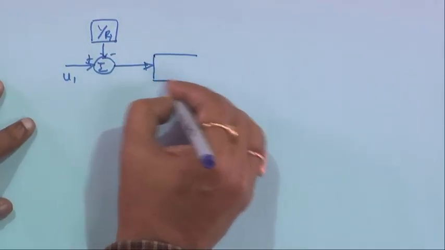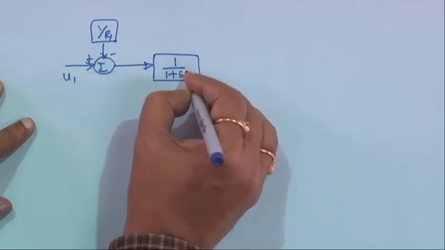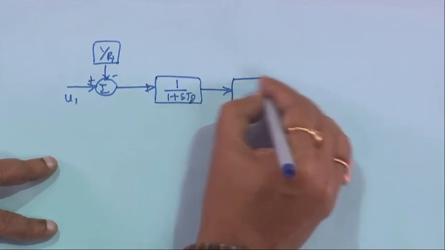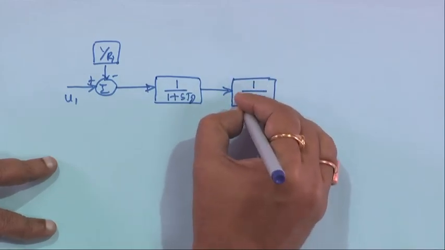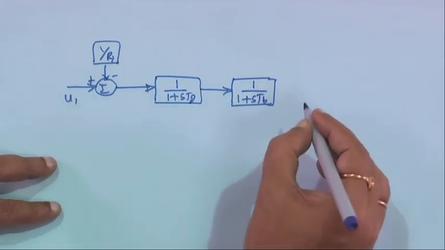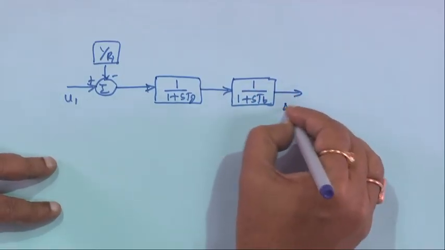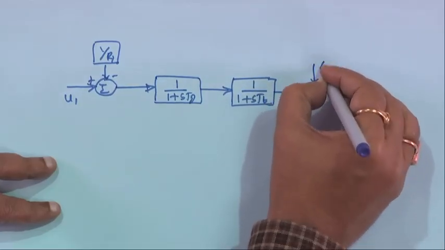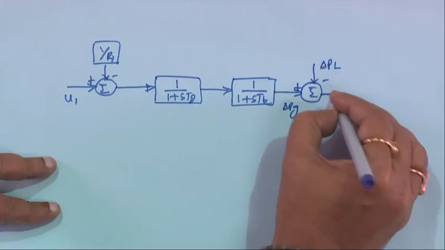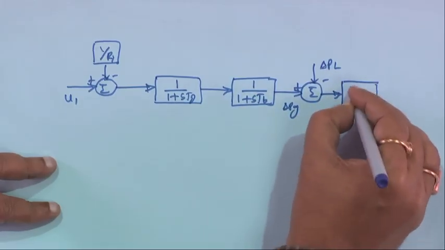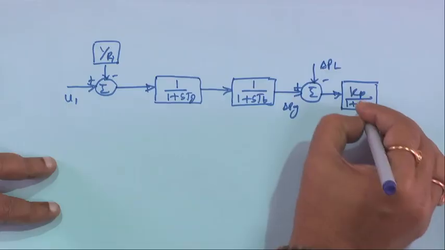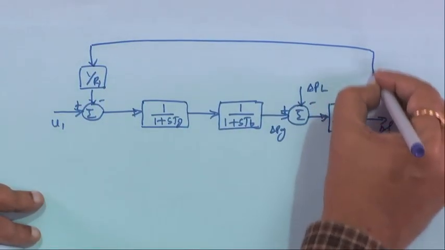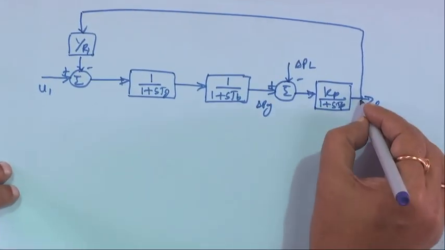This is 1 plus STG, and this one is 1 upon 1 plus STT, and this is delta PG, this is plus, this is minus, delta PL, this is Kp upon 1 plus STP, this is delta F, and it is coming from here, and next this is delta F1.